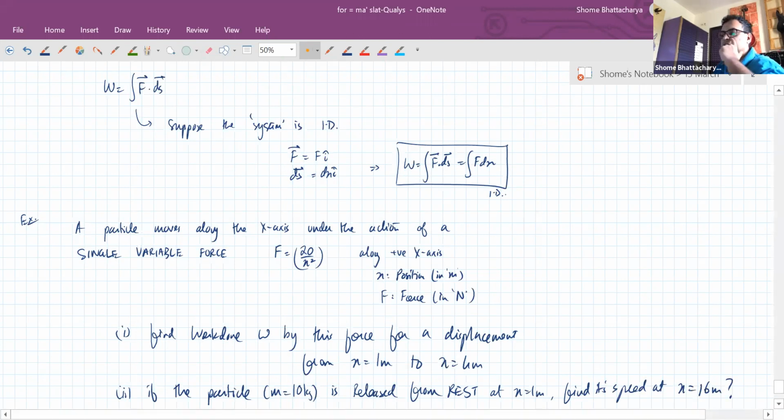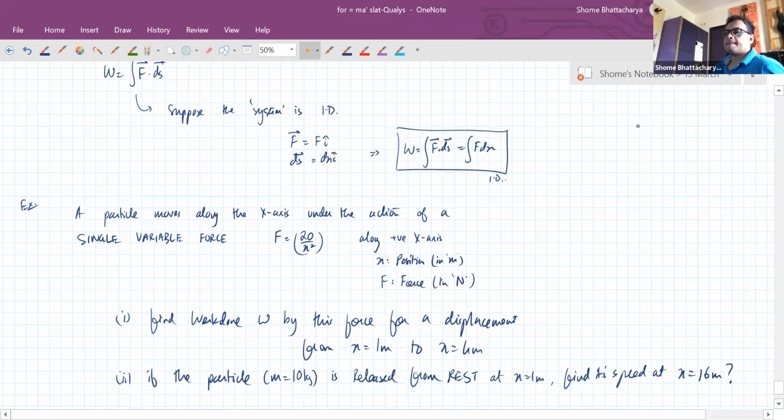By the time it reaches 16 meters, how much is the speed of the particle? Just try out this question. This will give us an idea of how to deal with work done by variable force. Of course, in the 1D situation here, we will also see the general 3D case later.